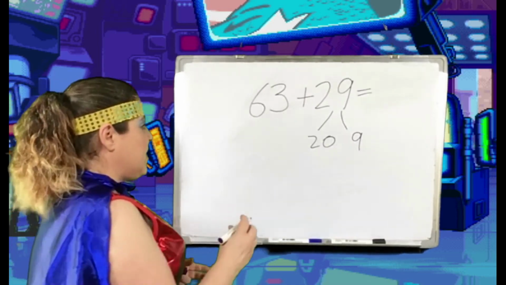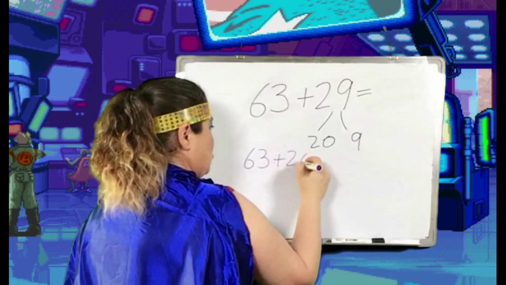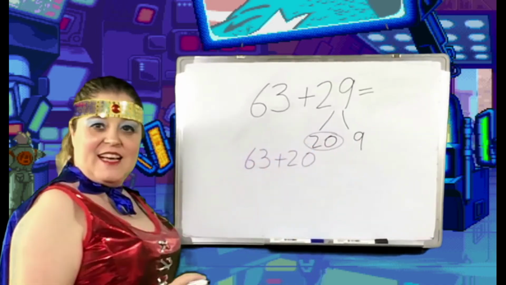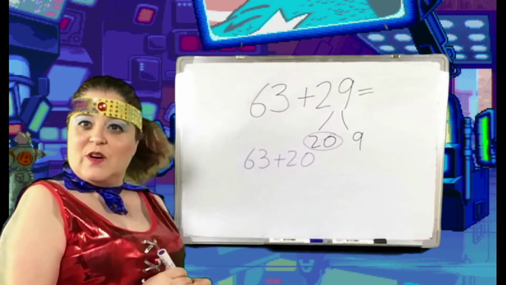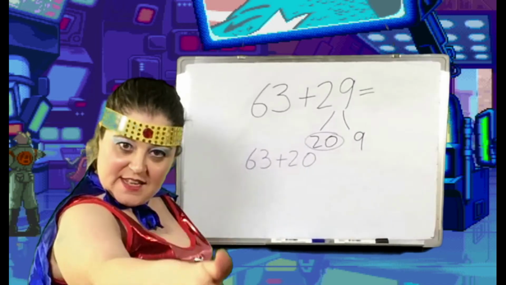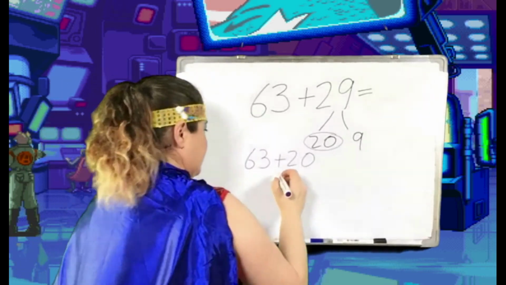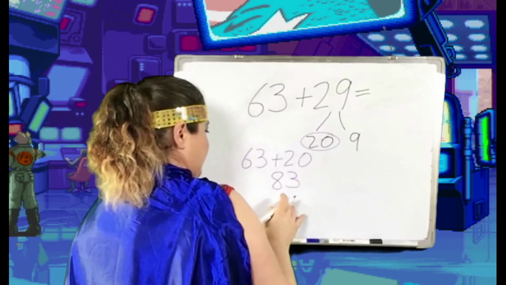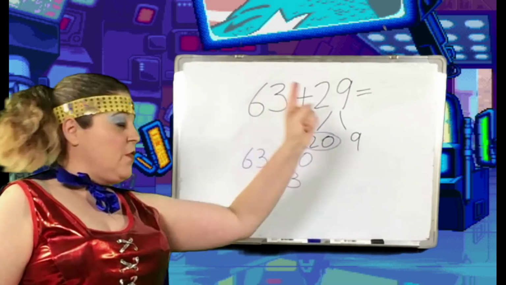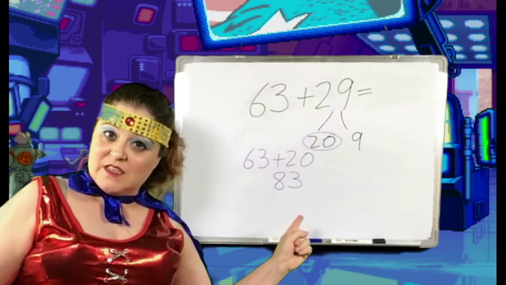Okay, you should have done 63 plus 20. The 63 is the big number and the 20 is the tens. So 63 plus 20, 63, 73, 83. Very good. Then add the ones. The ones from the partition number add to that 83.